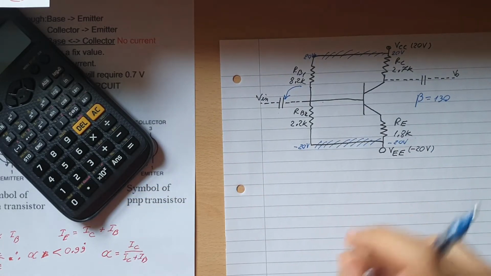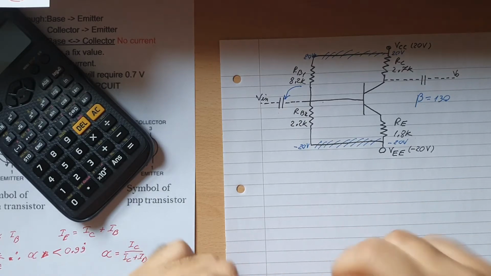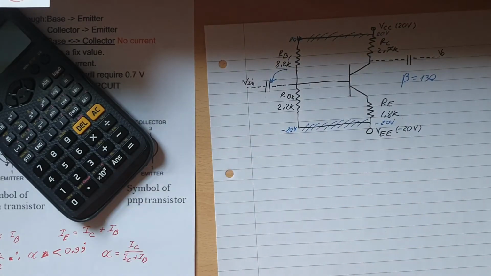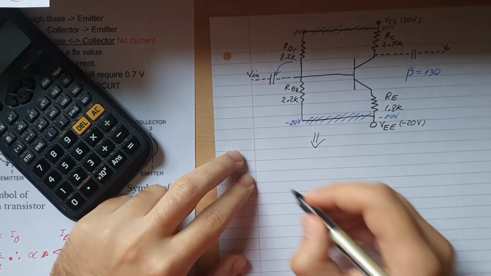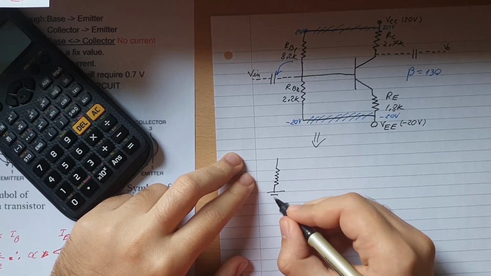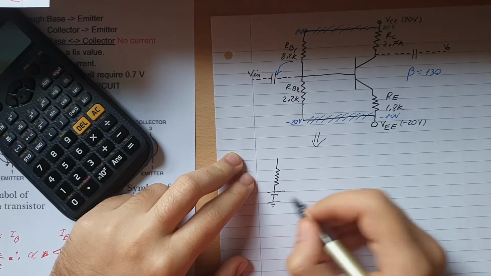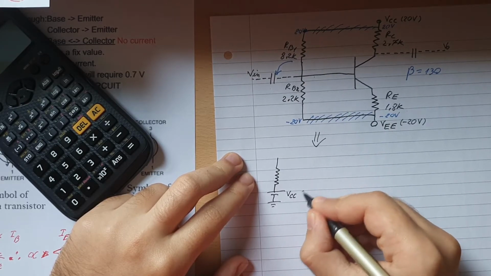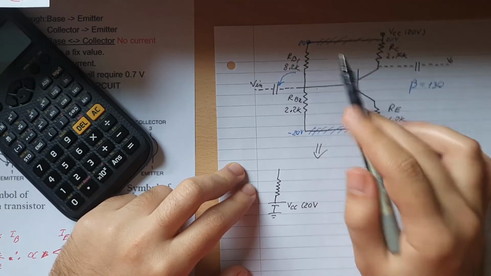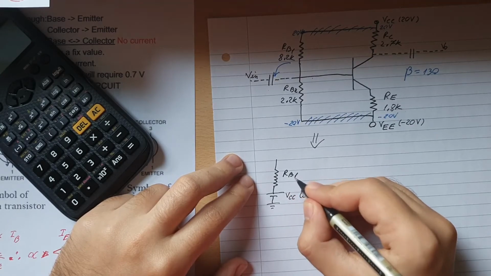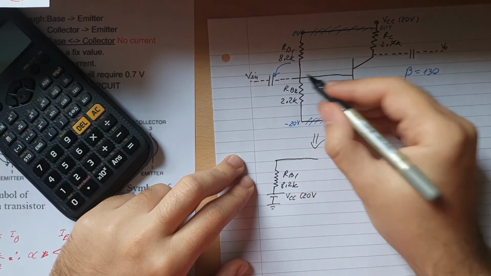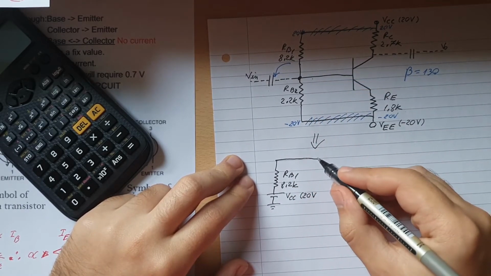So what we end up with, and let me redraw it because it's a bit complicated to see the circuit properly this way, is something along these lines. There's the resistor, there's the source, and then there's the ground. And this one will be a VCC source of 20 volts from here, from RB1 of 8.2 K. Then this one is in junction with this RB2 here.